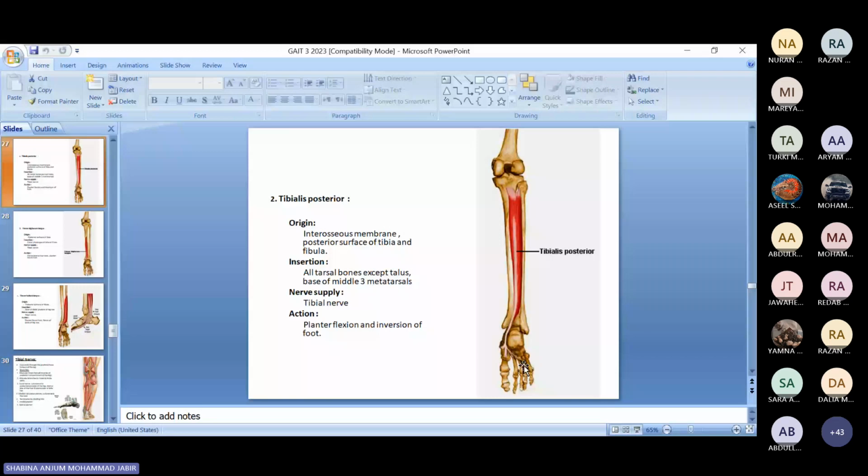You cannot see the talus because it is a little above. Here you can see these strips going to all the tarsal bones except talus, and the base of the middle three metatarsal bones.